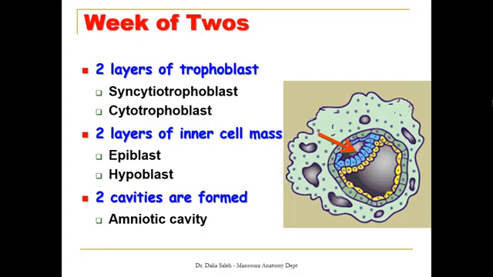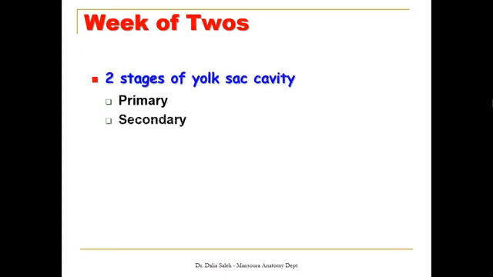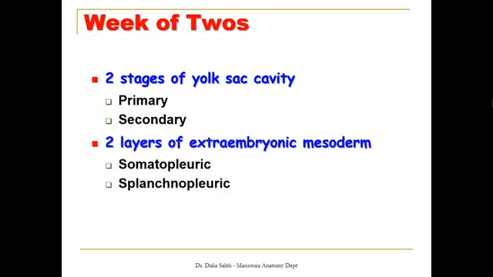Two cavities appear. The dorsal one is called the amniotic cavity, and the ventral one is called the yolk sac cavity. Also, there are two stages of development of the yolk sac, the primary and the secondary yolk sacs. And finally, we have two layers of extraembryonic mesoderm, the somatopleuric layer and the splanchnopleuric layer.